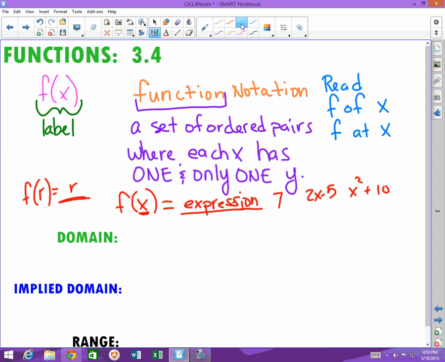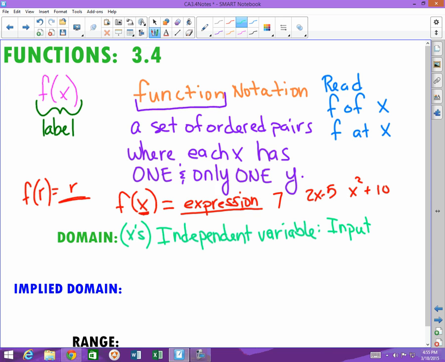The domain of a function would be the x values. It's called the independent variable. It's also called the input value.